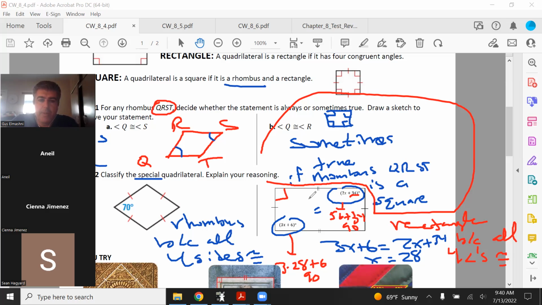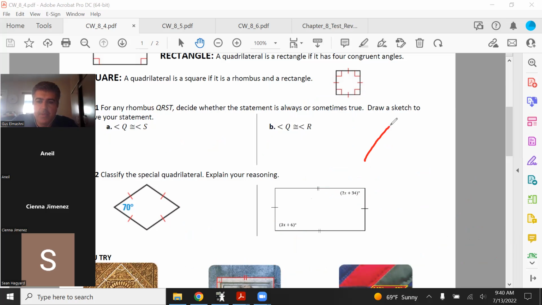And remember, for a parallelogram, opposite angles have to be the same because you got these parallel sides, right? If I call, say, this angle A and this angle B, I know A plus B is going to have to be 180 because those are same side interior angles. If I call this C, I know B plus C is also going to add up to 180.